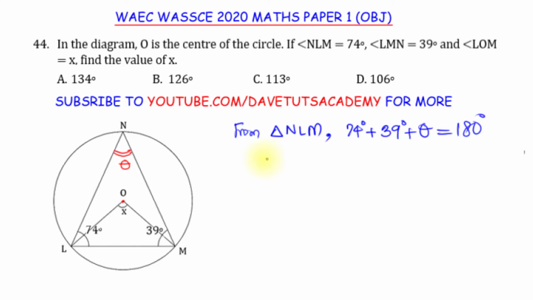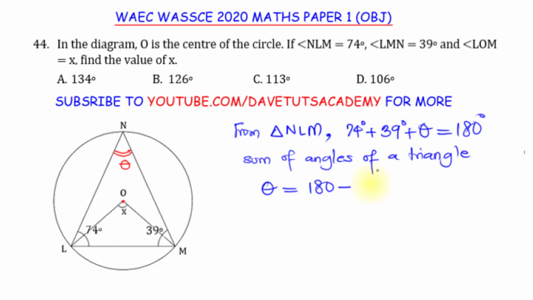Why am I saying that? Because they constitute the sum of angles of a triangle, and the sum of angles of a triangle is always 180 degrees, such that in that case theta will be 180 minus the sum of 74 and 39.